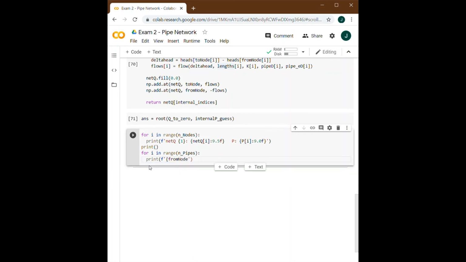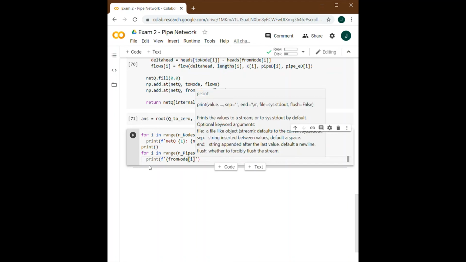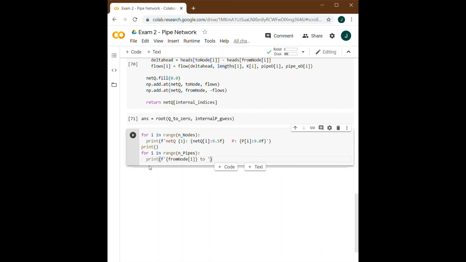We've got our from node, i, to node, curly bracket, to node, i, and then we're going to pull in our flows at i, and do 9 digits, 5 decimal places.